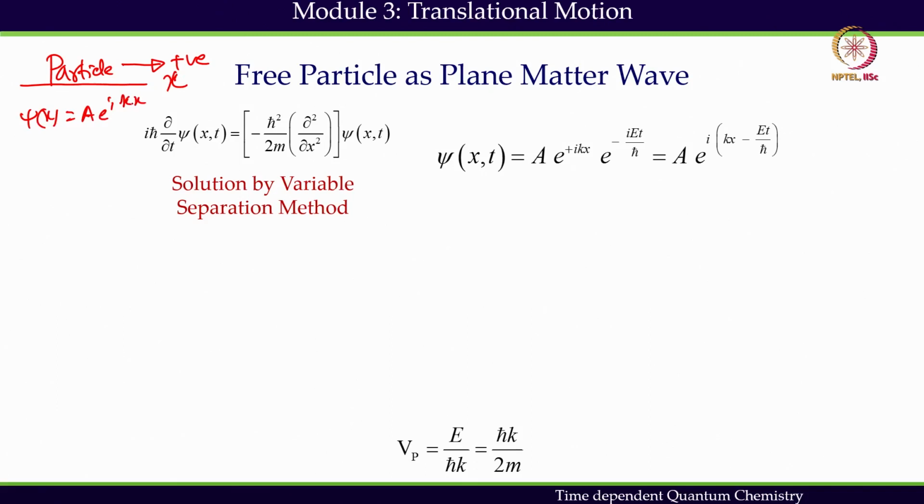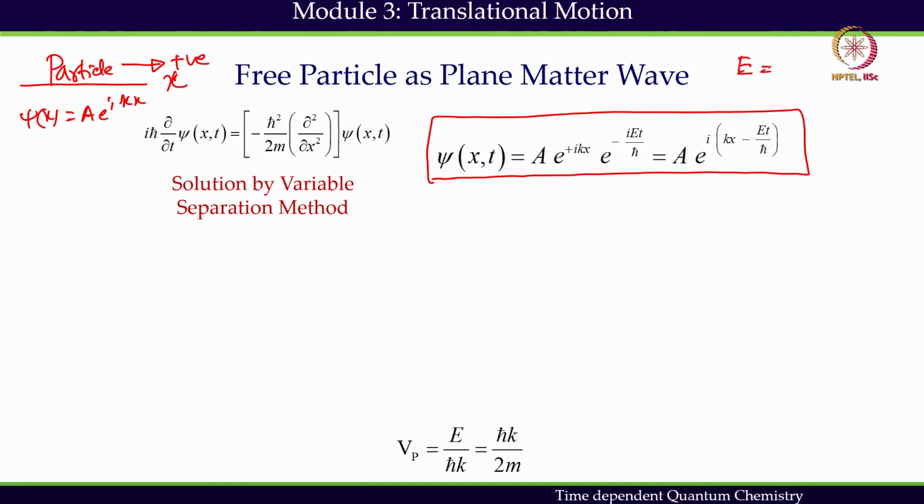This is the solution, and as a result I will be able to write down the total wave function, the space and time dependent wave function, to be like this, where we have seen that E equals h cut square k square by 2m. That is the kinetic energy of the particle.